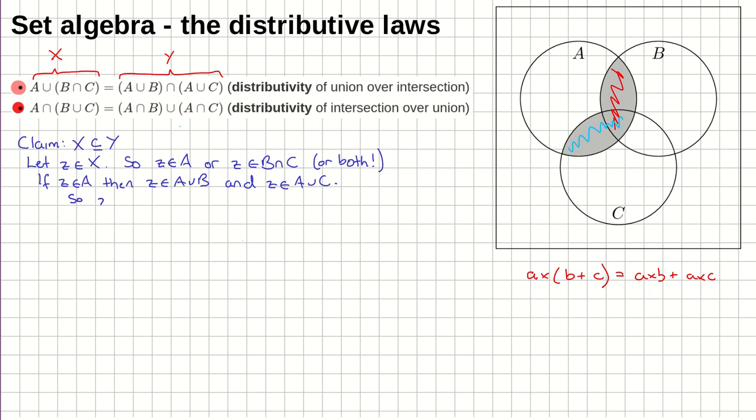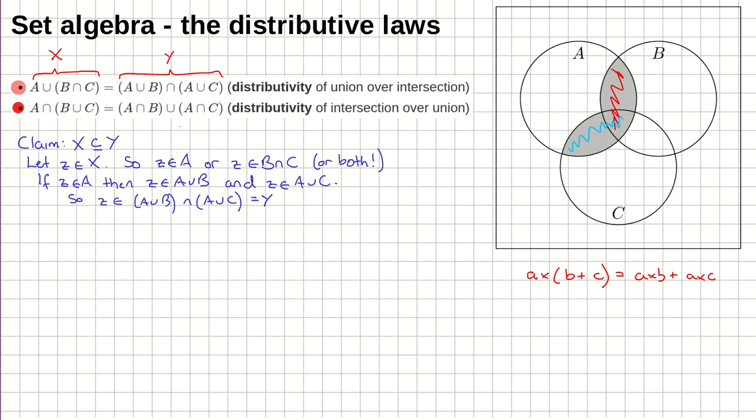So in this case, Z is in A union B, it's in A union C. If it's in both of those things, then it's in their intersection. That's what the intersection is. So it's in A union B, intersect A union C, which is Y. Okay, so in this case, Z was in Y.